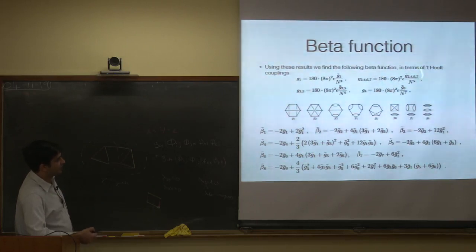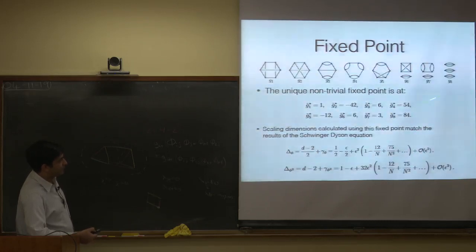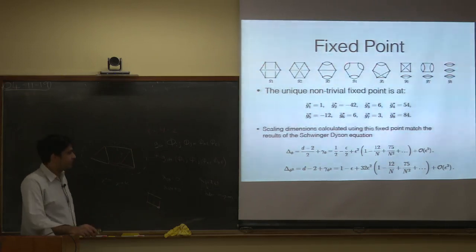And here these scalings were chosen just from the equations themselves, not from the graph theory, and it has a non-trivial fixed point, which corresponds to what you get from the Schwinger-Dyson equation, at least in order epsilon, and they match what you get from the Schwinger-Dyson equations to the order epsilon.